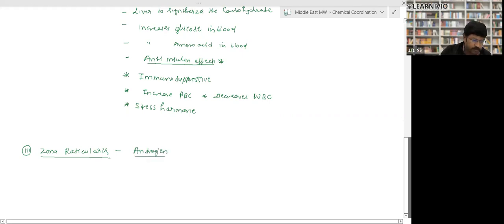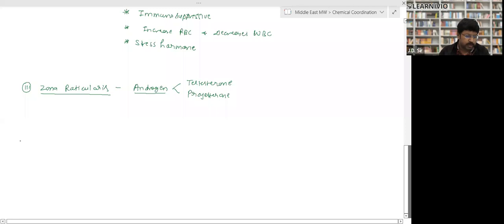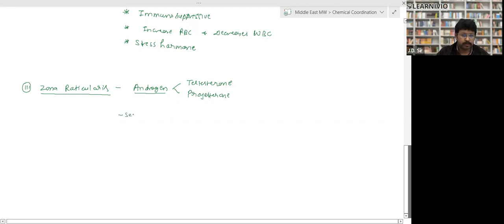Out of these androgens, there are testosterone and progesterone. Look, start adding them. These are also called sex hormones, right?